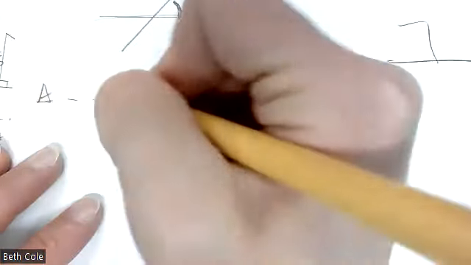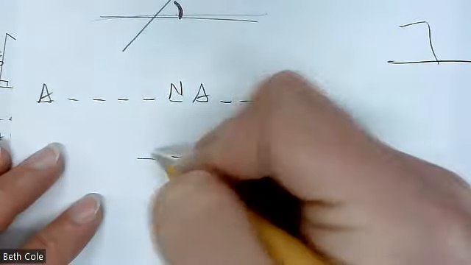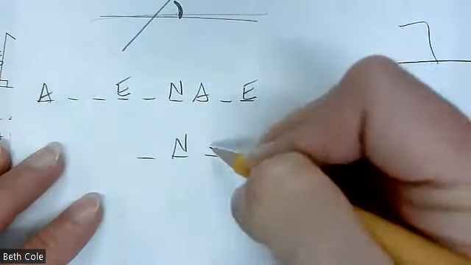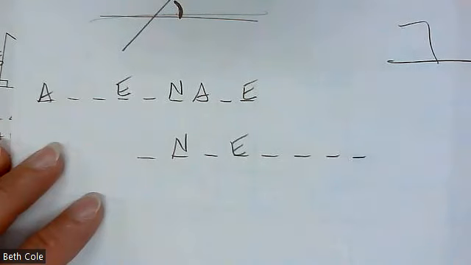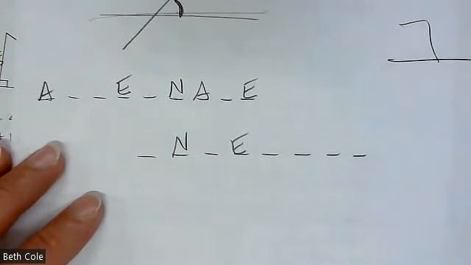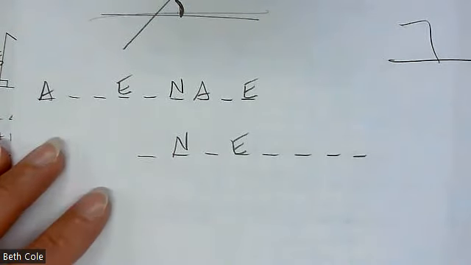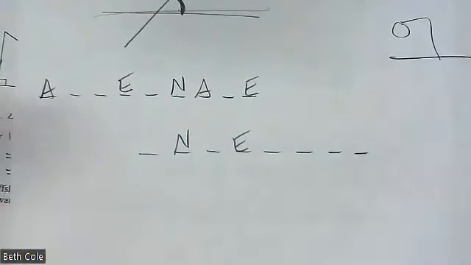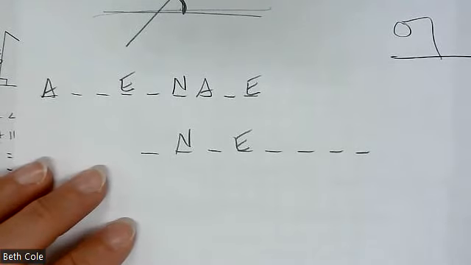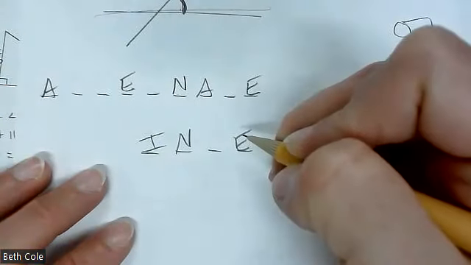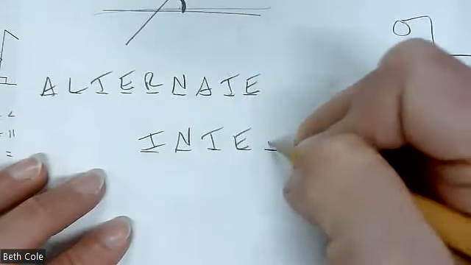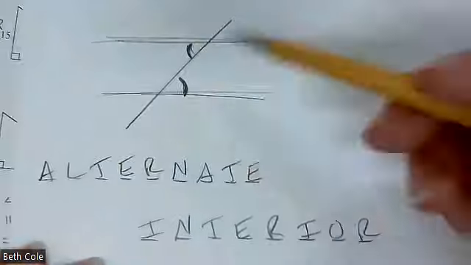N? No. What? No, there are more vowels. What's that? Alternate. Interior.